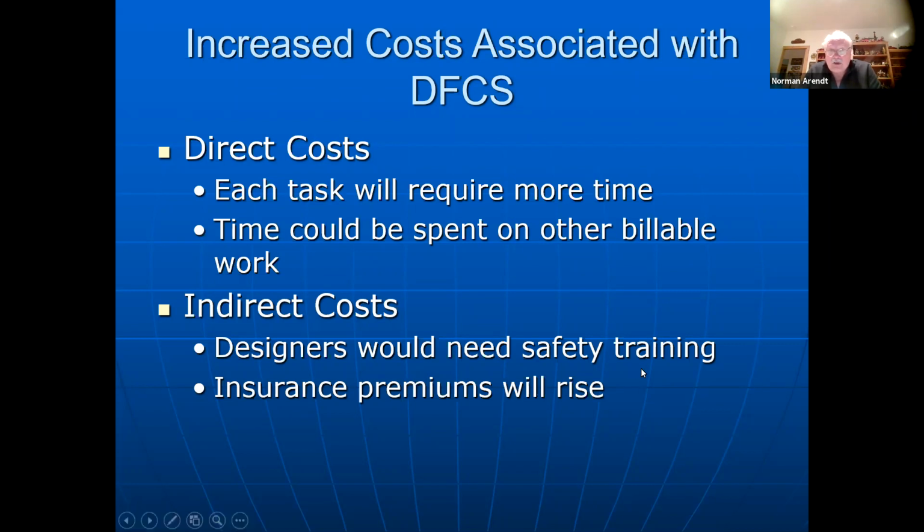Designers would need safety training. Insurance premiums may rise. And the whole reason there is they're going to be unsure of what liability they're accepting. A lot of insurance people that I have talked to do not understand that if we're talking about safety and design, we're not talking about how they construct the project. We're talking about how we design it so it's safer for them to construct.